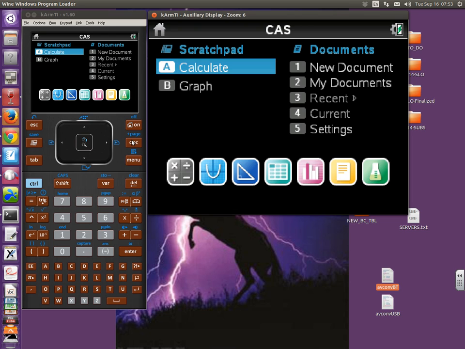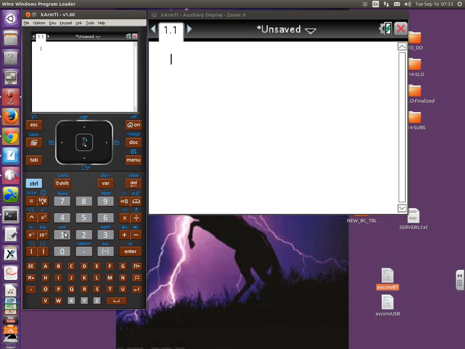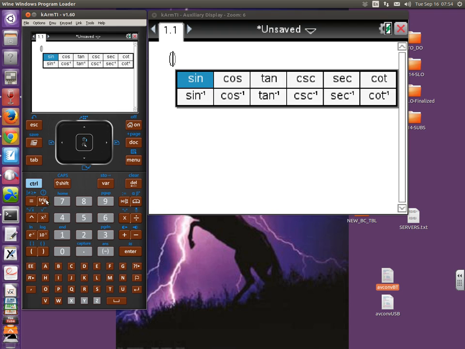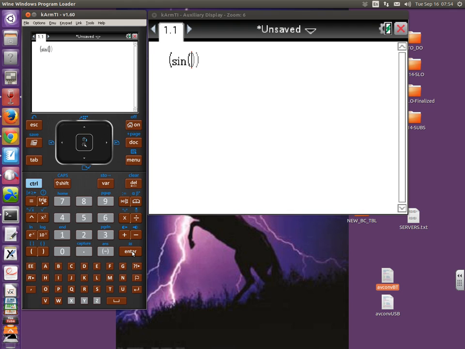Alright, so how about I go into a new document. Let's make it a calculator document. What you could do is say, I don't know, quantity. Let's say trig sine of, I could even do it in terms of h if I wanted.